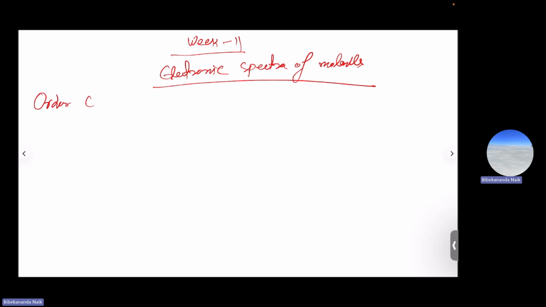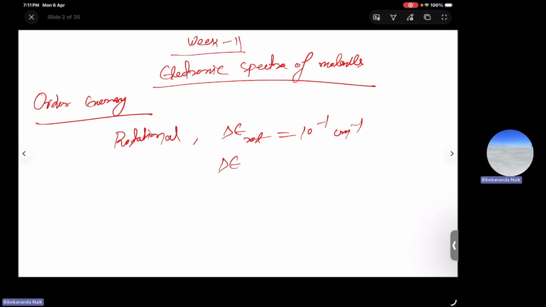The order of their energy: rotational spectra, 10 to the power minus 1 centimeter inverse; vibrational spectra, 10 to the power 3 centimeter inverse; and electronic spectra, 10 to the power 5 centimeter inverse.